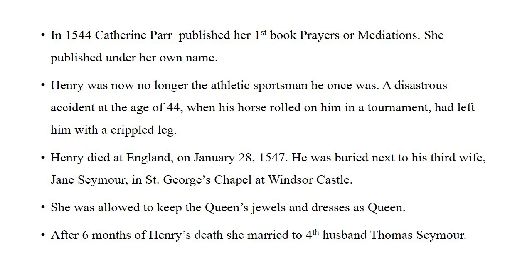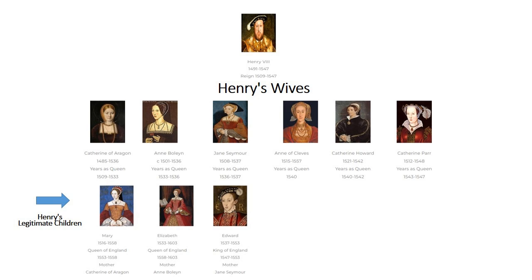This is the reign period of Henry VIII. So finally, we will see the family tree of Henry VIII. Henry VIII had 6 wives: Catherine of Aragon, Anne Boleyn, Jane Seymour, Anne of Cleves, Catherine Howard, and Catherine Parr.